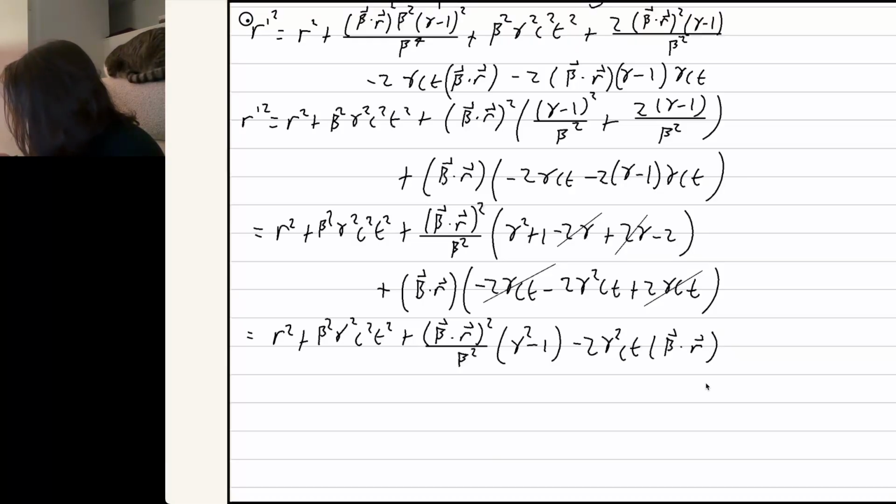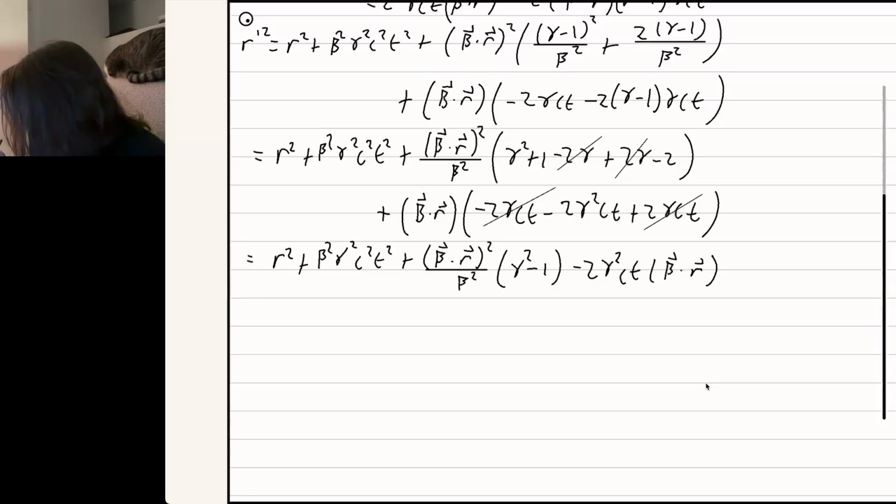Okay, let's talk about this quantity here, gamma squared minus 1 over beta squared.